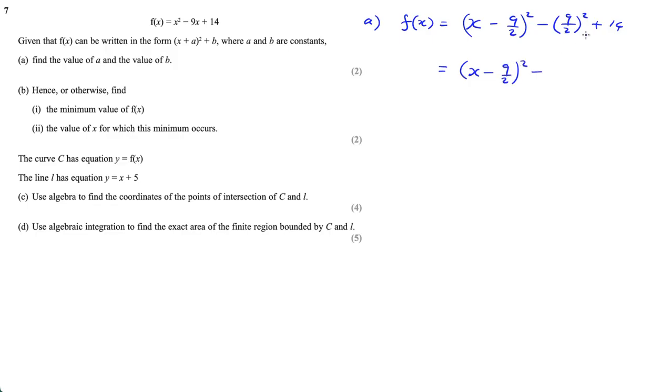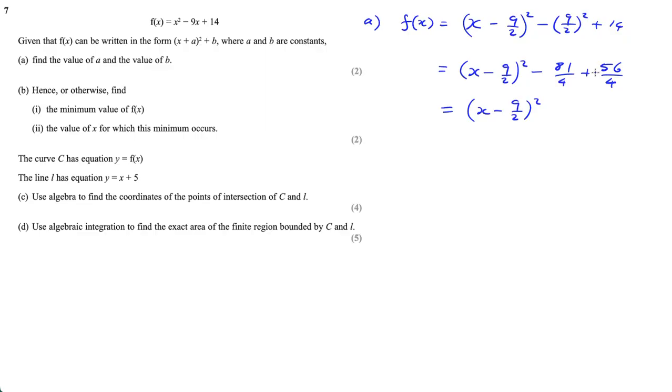Then this equals x minus 9 over 2 squared minus 81 over 4, and this would be 56 over 4, which is minus 81 plus 56.